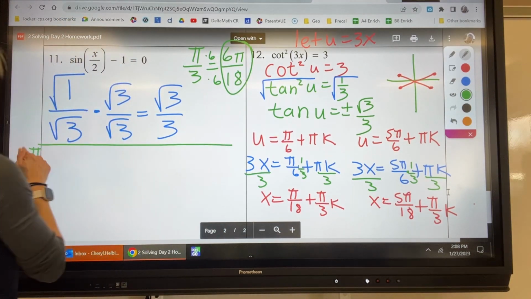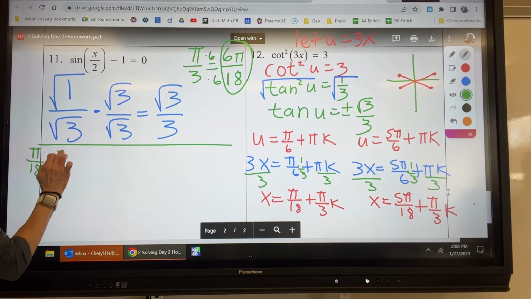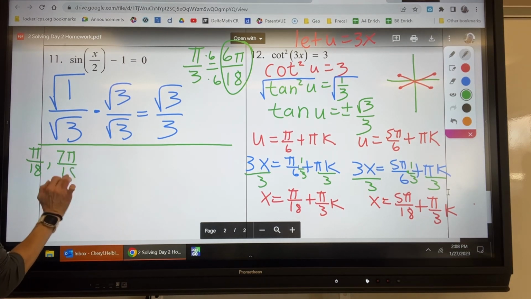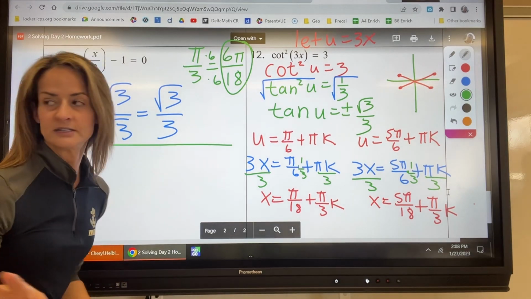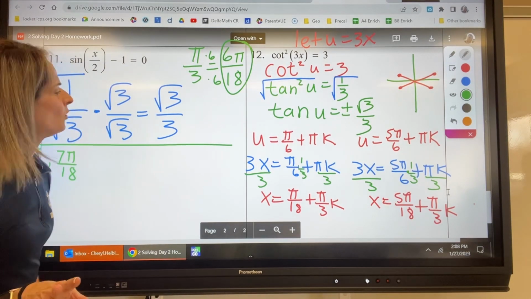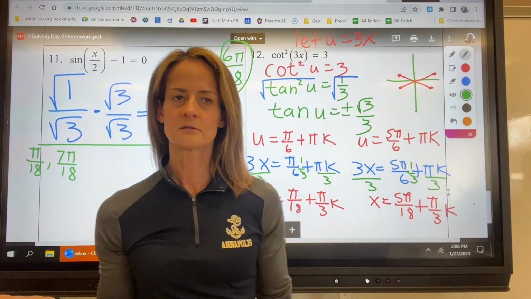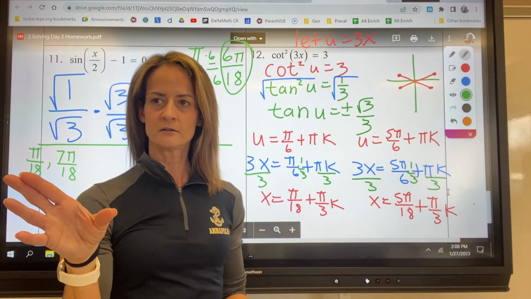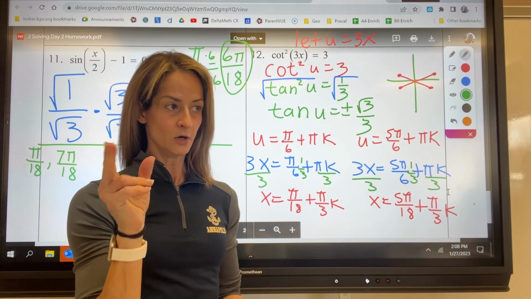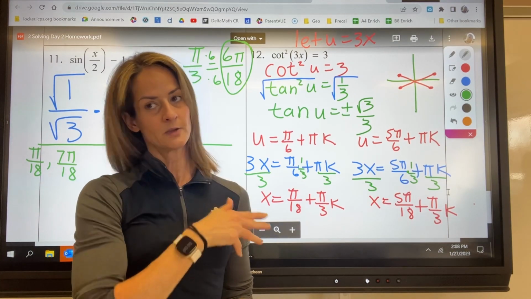How many times? If I add 6 pi over 18 once, I get 7 pi over 18. Are we good? Still within 2 pi, right? 7 pi over 18 is less than 2 pi. What is 2 pi in 18ths? 36. 36, right? 36 pi over 18. Okay, so once we get to 36, we gotta stop.